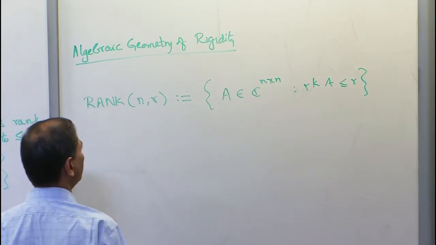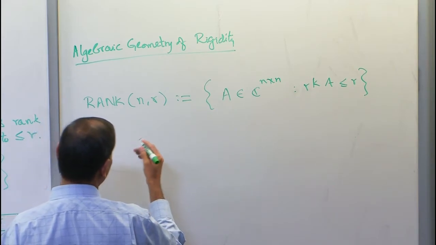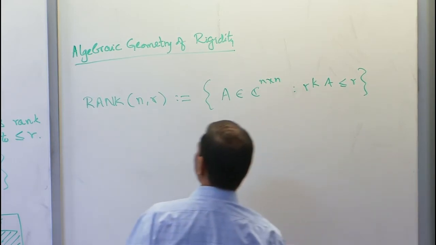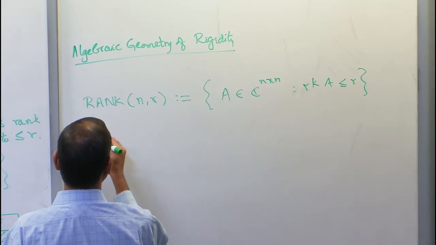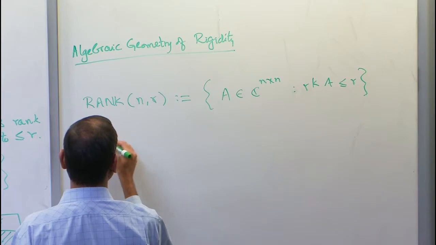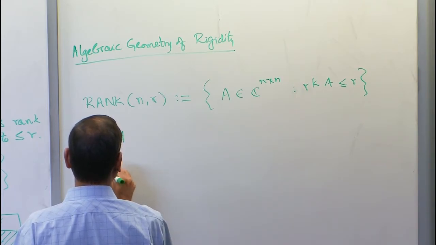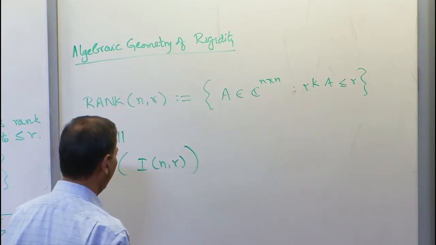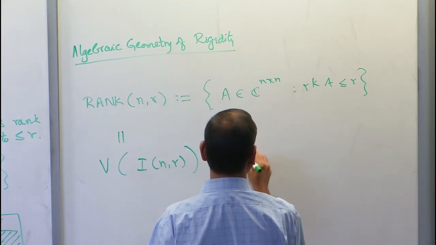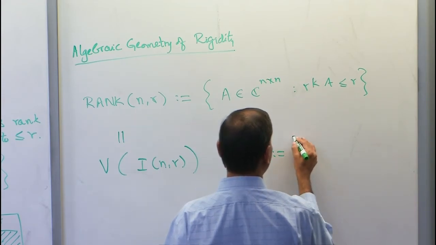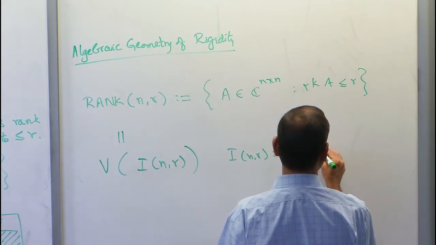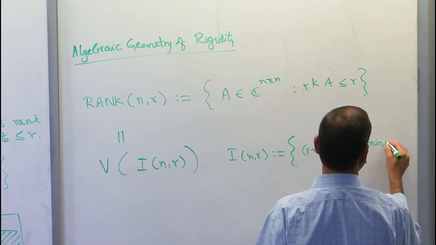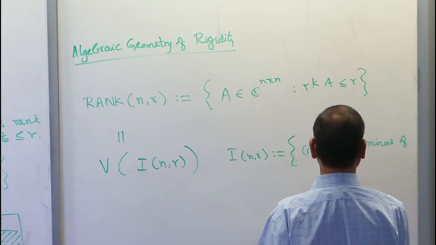That's a well-studied object. And it's really the variety defined by the ideal I_r, where I_r is the r plus 1 by r plus 1 minors of an n by n matrix.